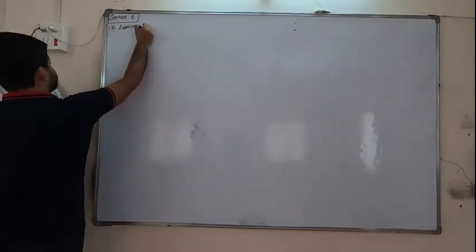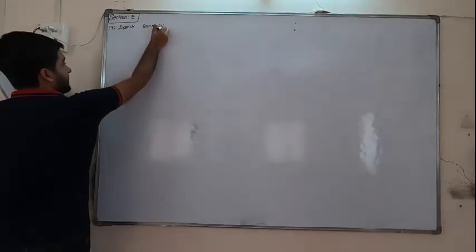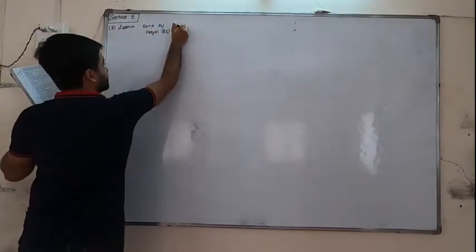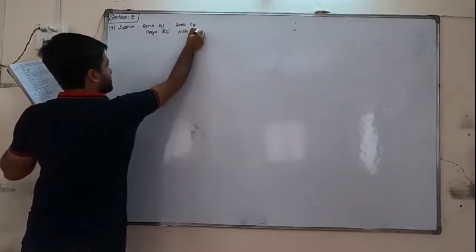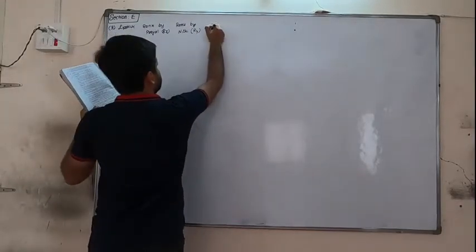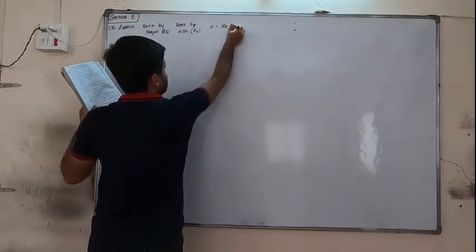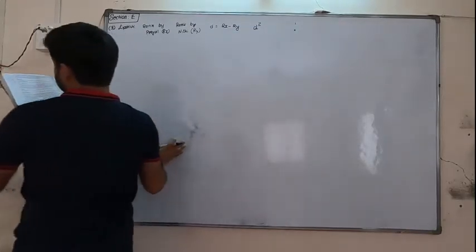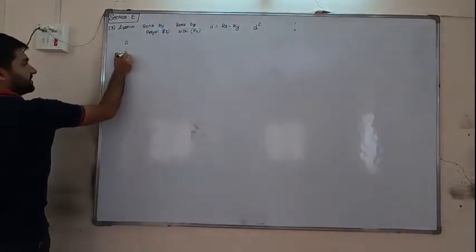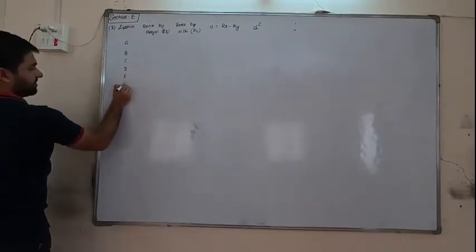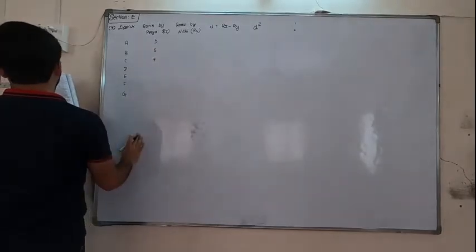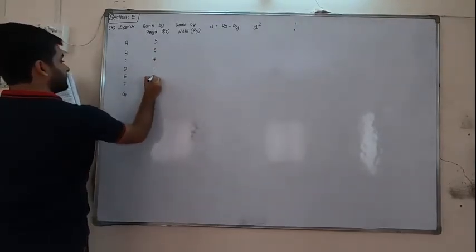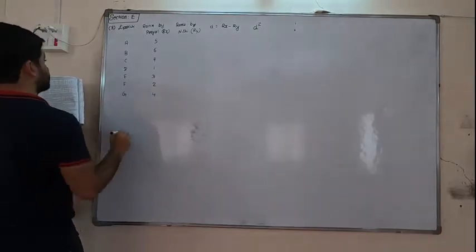Lipstick, ranked by Prayal, that is Rx, ranked by Nishi, that is Ry, then d is equal to Rx minus Ry, then finally d square. Lipsticks A, B, C, D, E, F, G. Prayal's ranks: 5, 6, 7, 1, 3, 2, 4.